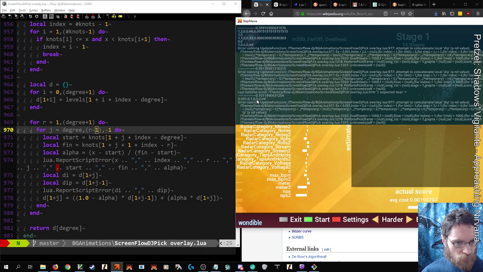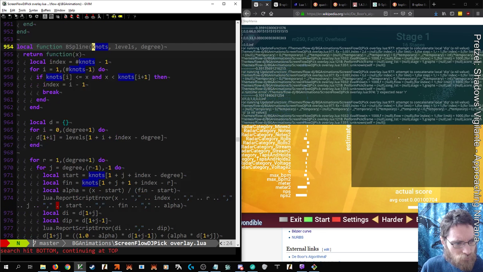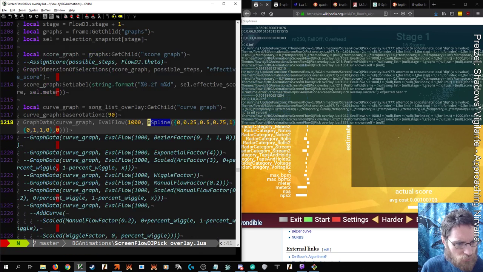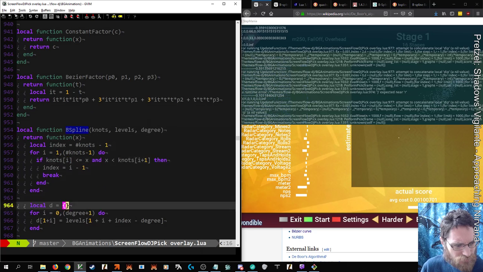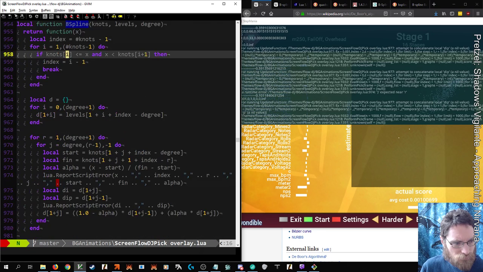And then... Is 0, 0 right? In knots? Probably not. So that is 0 to 0. So 1 plus 0 plus 0 minus 0 is 1.